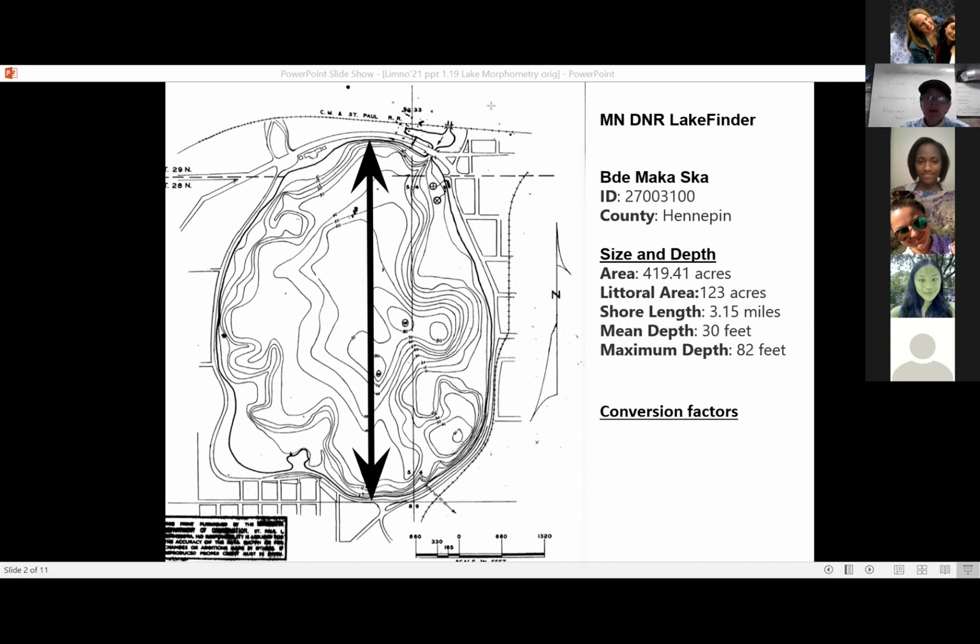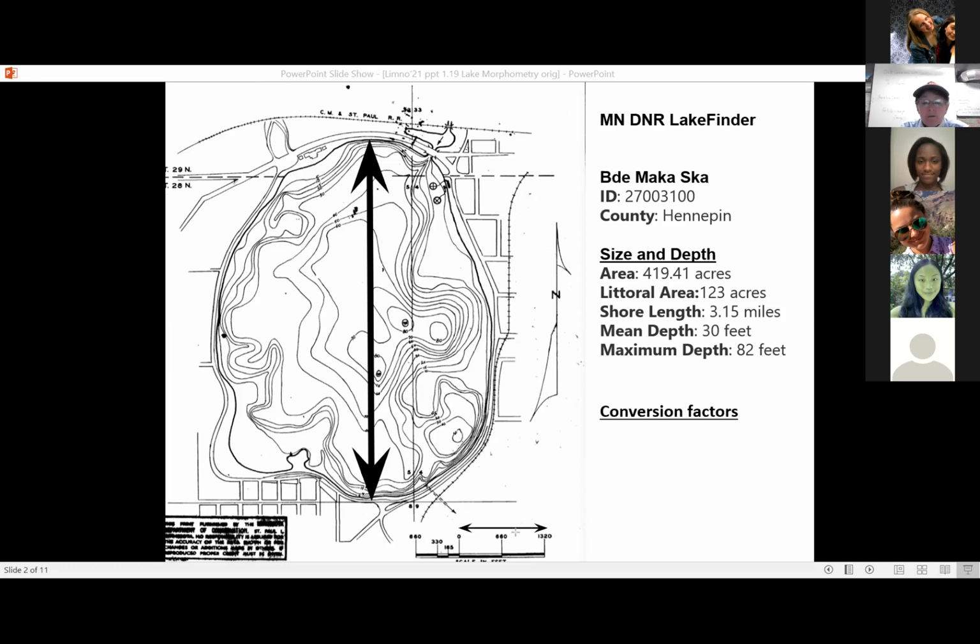Now, how would you do that? On this type of diagram, you would literally measure it with a ruler. How many centimeters long is the lake? And then go down to the key down here and measure this distance here. This is the scale of the map. It is in feet.